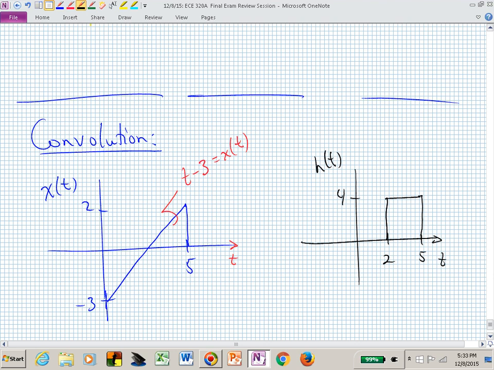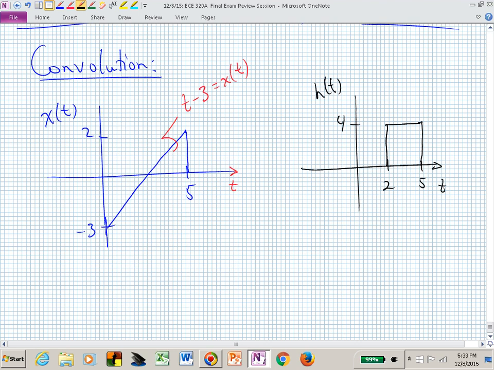If I hit this system with an impulse at 0, will I see an output immediately? No, I have to wait 2 seconds, and then it'll start. I'll see it at 4 until 5, and then it'll be done. And that's what happens with an impulse. Can you tell me fairly quickly when y of t is not going to be 0?